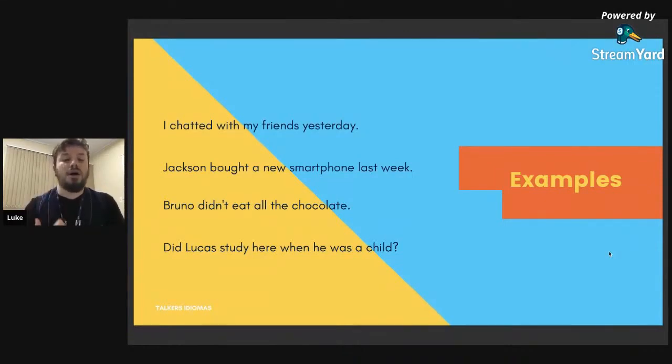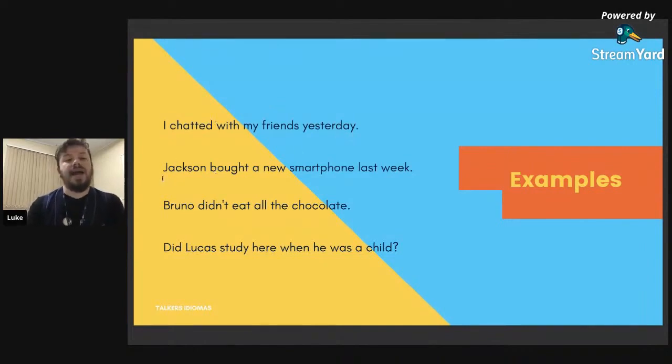Some people need their ears more to learn better, so it's important to practice the pronunciation as well. Let's repeat after me. The first example: I chatted with my friends yesterday.